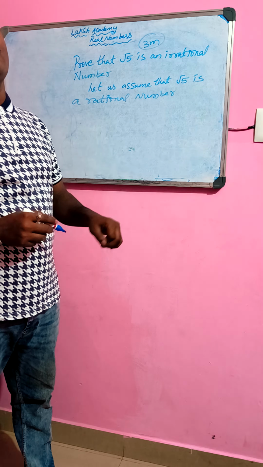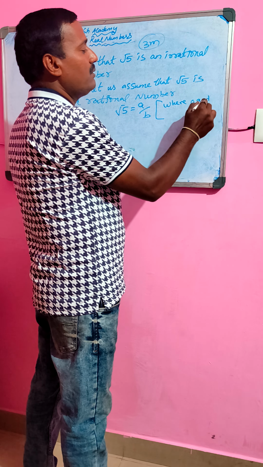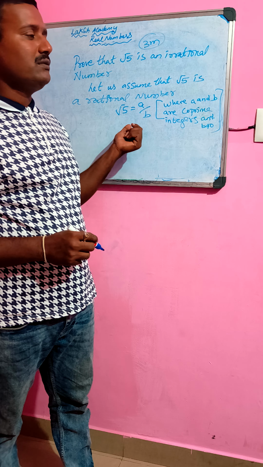If root 5 is a rational number, we can write root 5 equal to a by b, where a and b are co-prime integers and b not equal to 0. So first step you have to write this one.